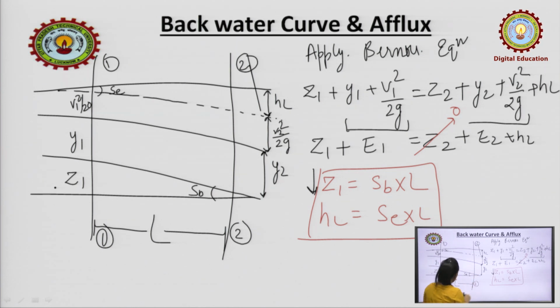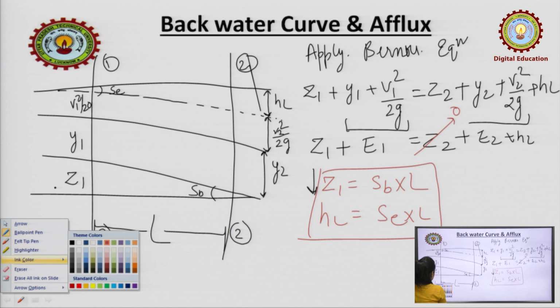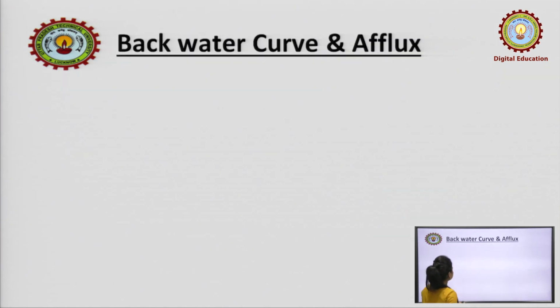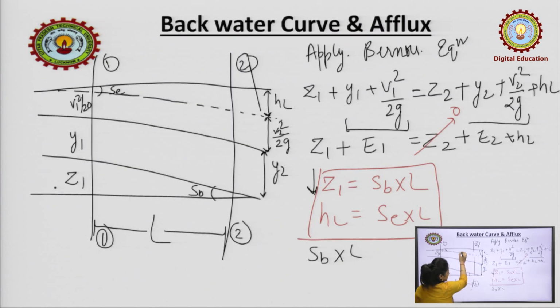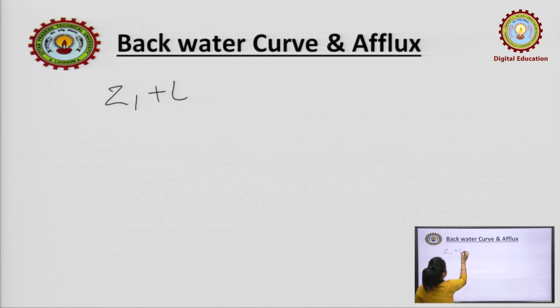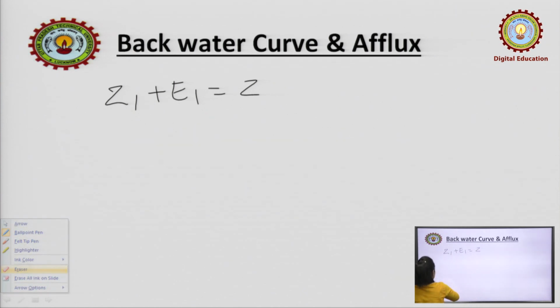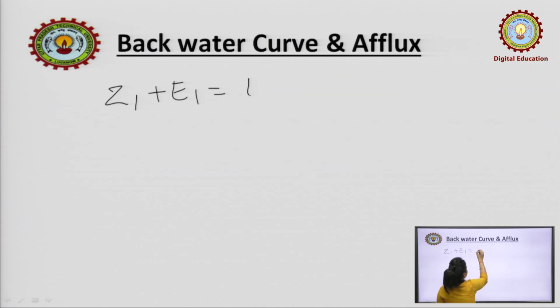Now, you can see Z1 is SB into L. So Z1 plus E1 is equivalent to Z2, which was 0, plus E2 plus HL.